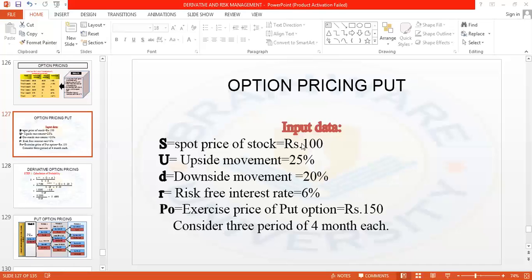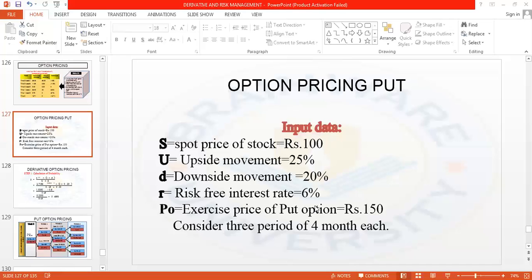But it is not the exercise price; it is the spot price of the underlying asset at time zero. That means today this equity share is available in the market at rupees 100.